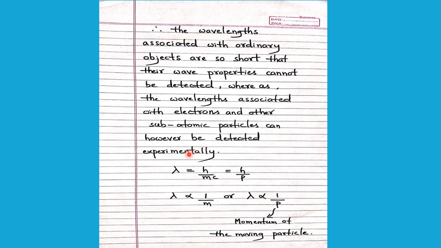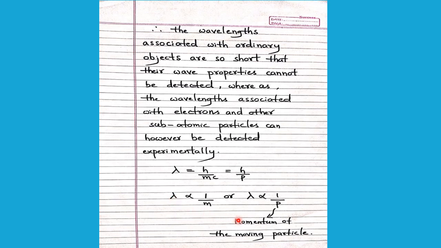Now I will take one more, once again the same equation, lambda equals h upon mc, which is h upon p. Here h is constant. What is the conclusion? When h is constant, lambda is inversely proportional to p. P is related to the momentum. So the momentum of the moving particle is inversely proportional to the lambda. So the more the mass, the less the wavelength.